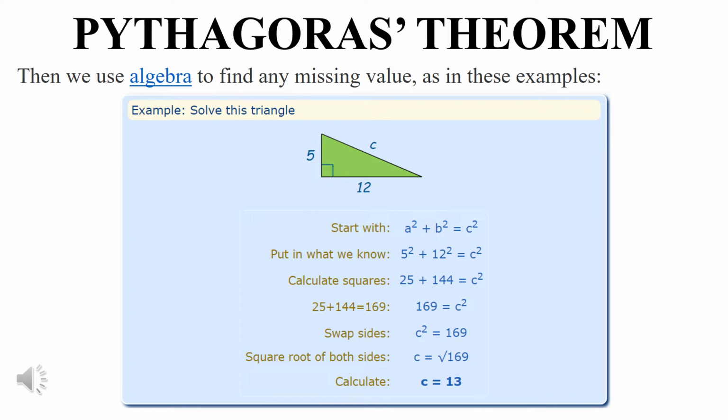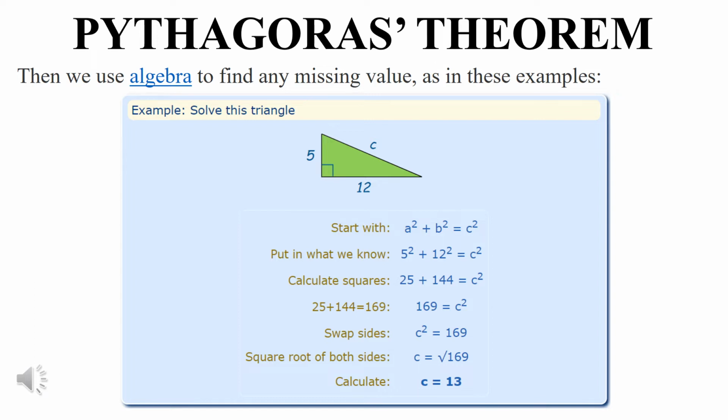Solve this triangle. Start with A squared plus B squared is equal to C squared. Put in what we know. 5 squared plus 12 squared is equal to C squared. Calculate squares. 25 plus 144 is equal to C squared. 25 plus 144 is equal to 169. 169 is equal to C squared.